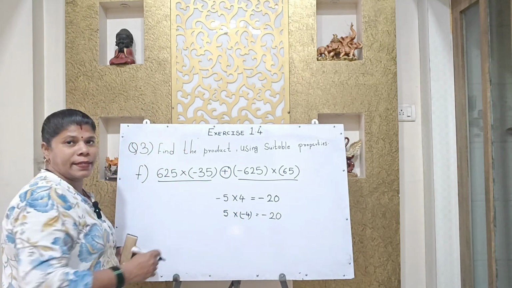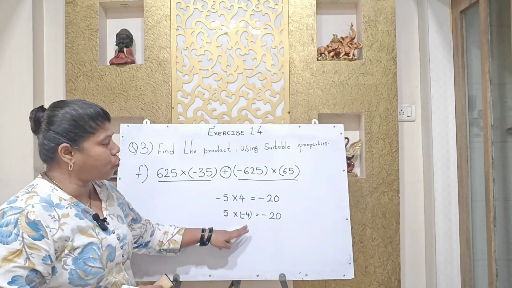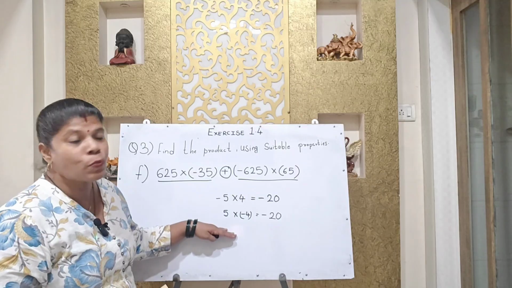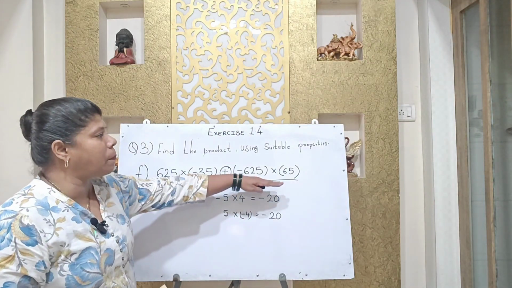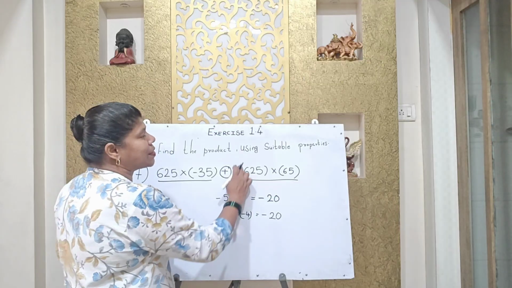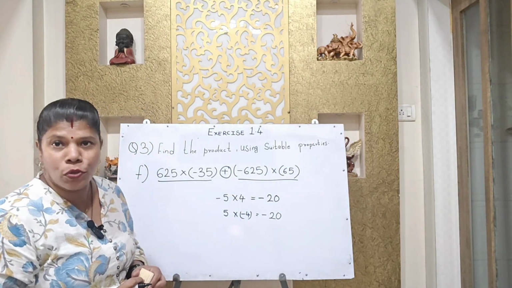In both cases, when I shift the sign from 5 to 4, the answer has not changed. So this property can apply here. So I shift the minus sign to the 65. The sum is not going to change.